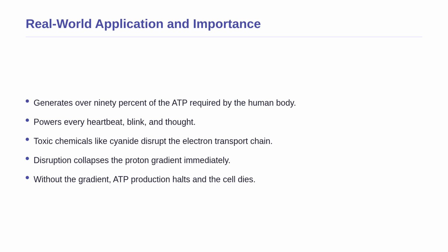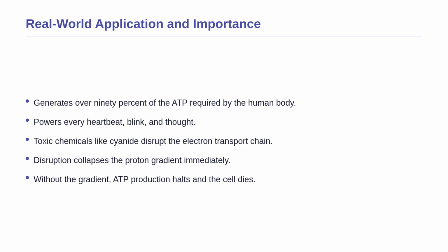So why does this specific mechanism matter so much to you and me? Simply put, this chemiosmotic mechanism is responsible for generating over 90% of the ATP your body needs to function. Every heartbeat and every thought spends ATP generated by this exact proton gradient.